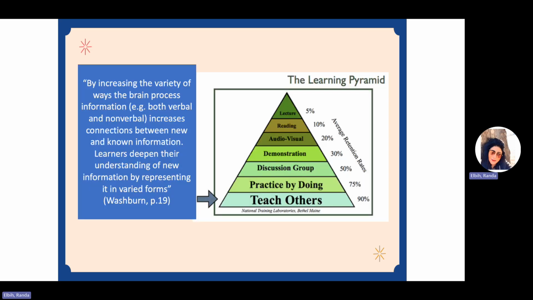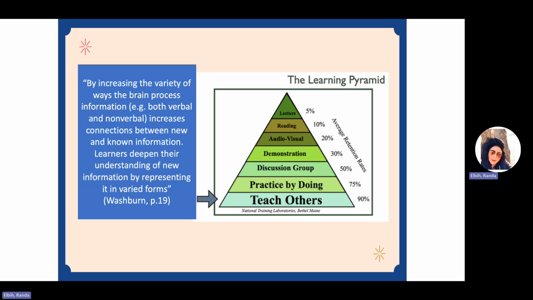So based on that, increasing the variety of ways the brain processes information, both verbal and nonverbal, increases the connections between new and known facts and knowledge and information, and learners deepen their understanding of new information by representing it in different forms. And this is by Washburn in page 19.